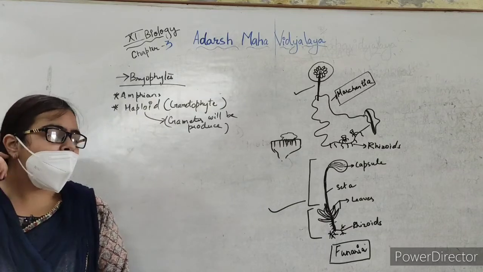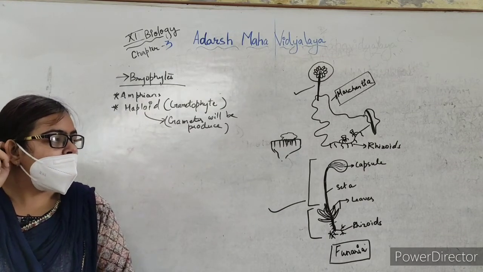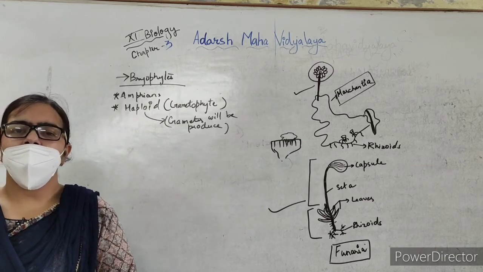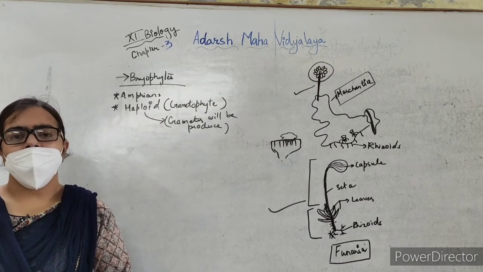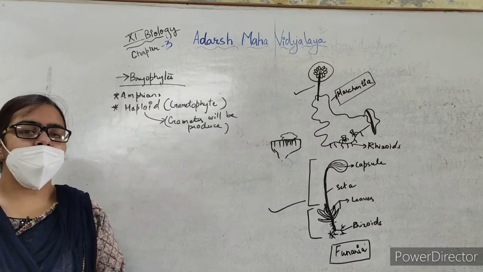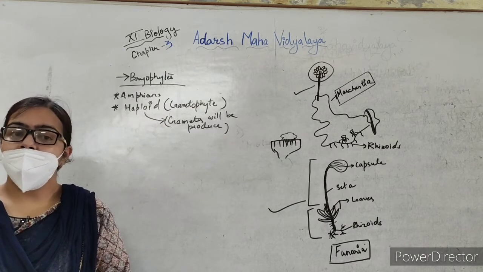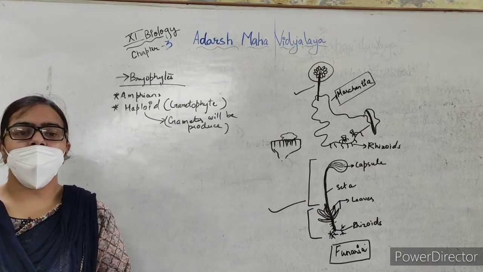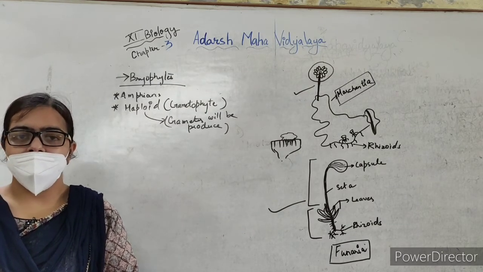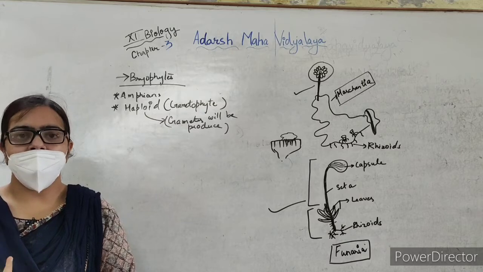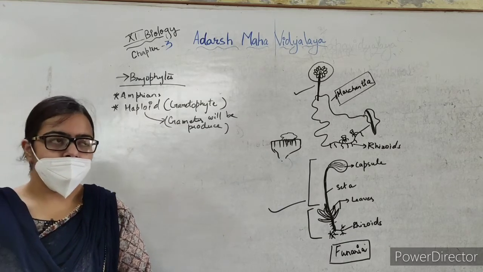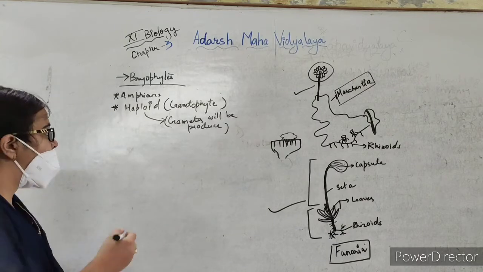This is the archegoniophore or antheridiophore. The antheridiophore is the male sex structure and the archegoniophore is the female structure. The antheridium will produce antherozoids, which are the biflagellate male gametes.